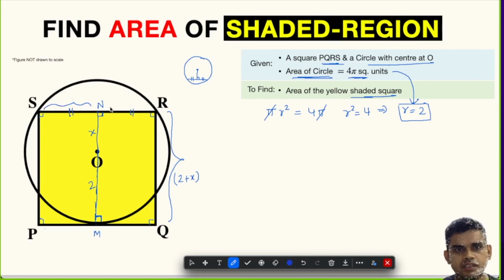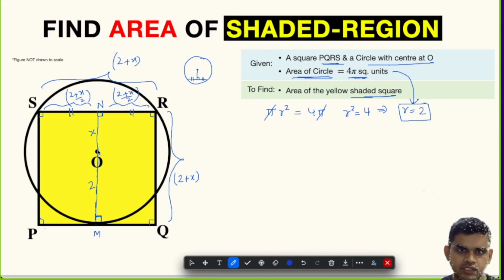Now we can see that if 2 plus x is the side of this square, this entire length will also be 2 plus x. So half of it will be 2 plus x by 2. This is also 2 plus x over 2.